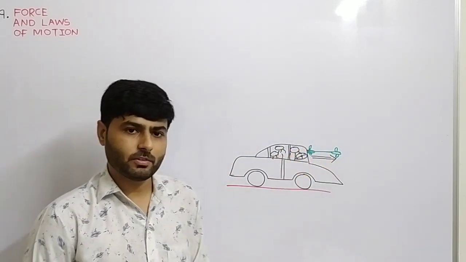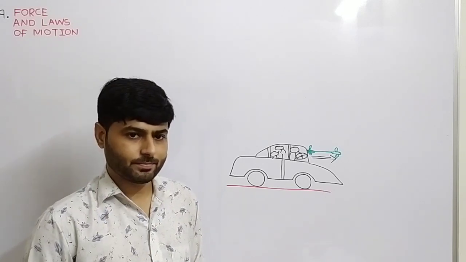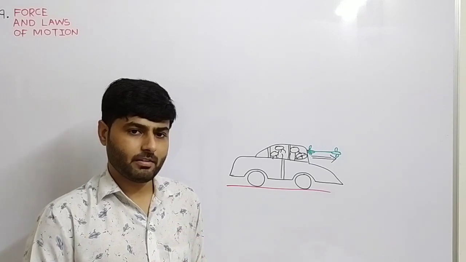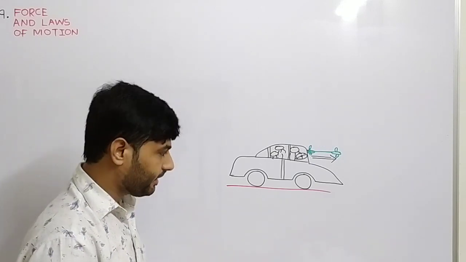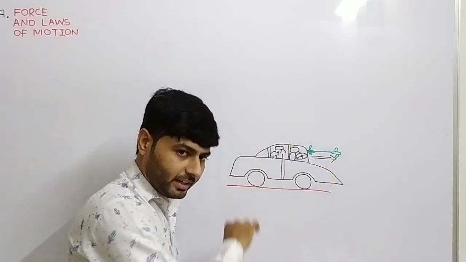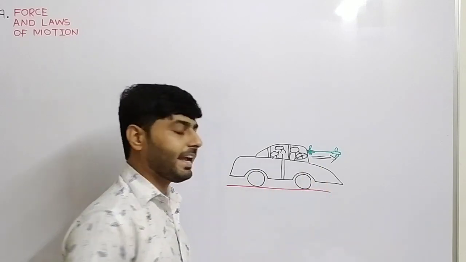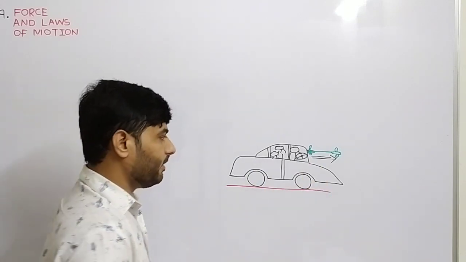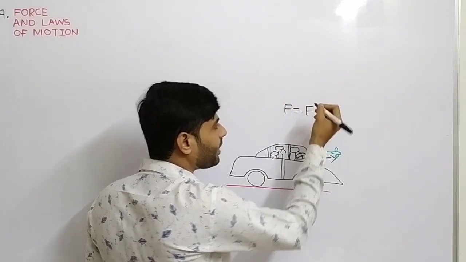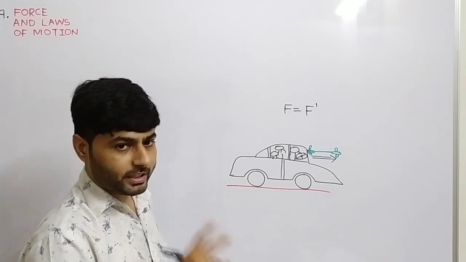Now, from the question and the theory we studied in the earlier chapter, we can say that the force exerted by the insect on the car and the force exerted by the car on the insect will be the same, which means action is equal to reaction, and that will be in the opposite direction.